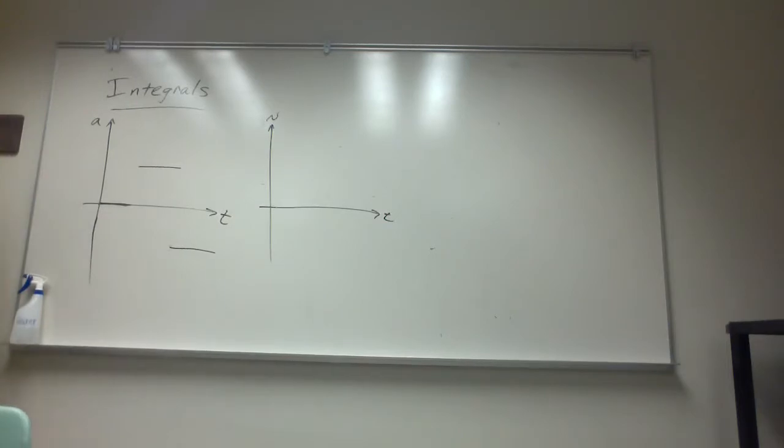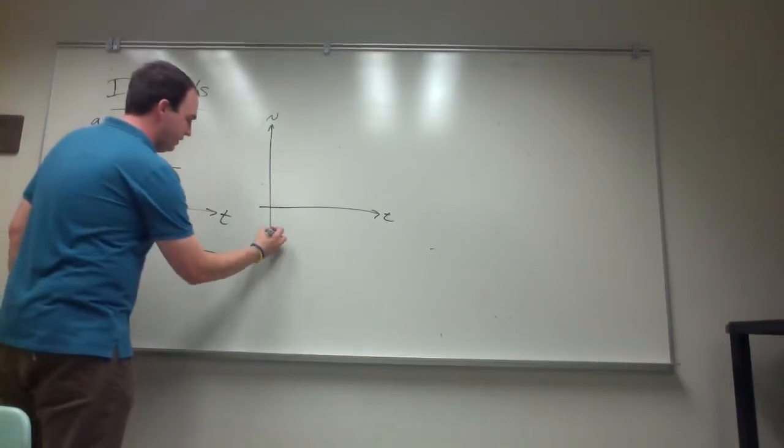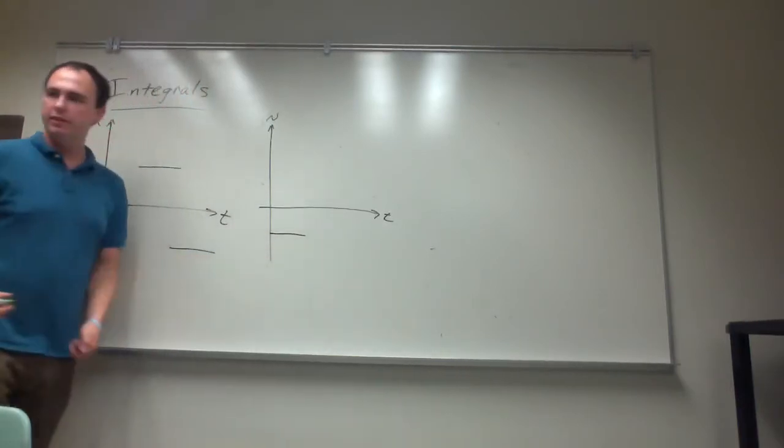Remember when you integrate, what else do you get besides the antiderivative? Initial velocity. You get a constant, you get your plus c. So there's no way to know from this graph alone what the velocity of the object is at time equals 0. All we know is that the velocity stays the same. So maybe it's moving in a negative direction for the first part.